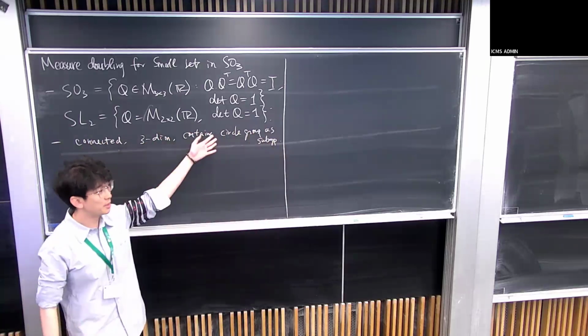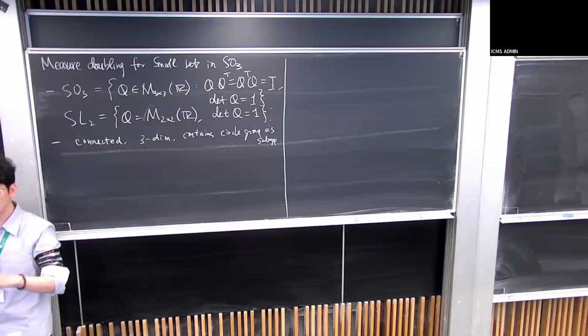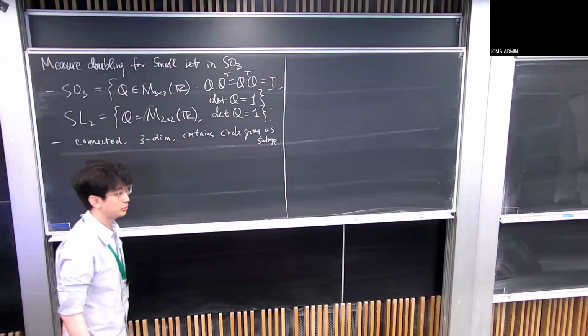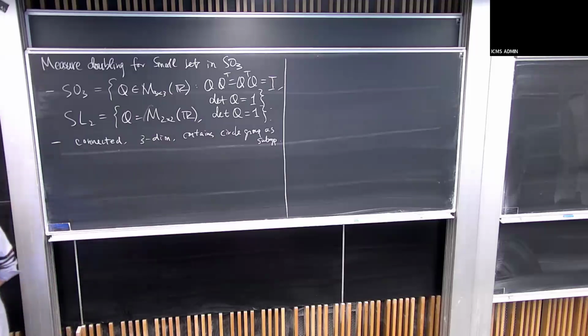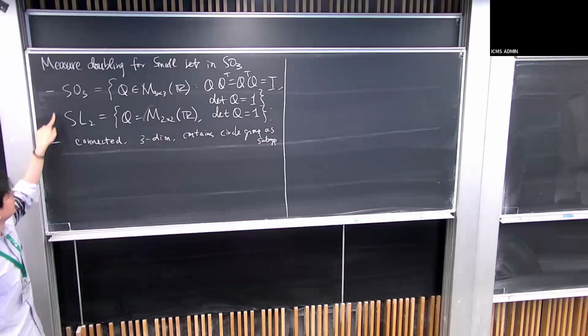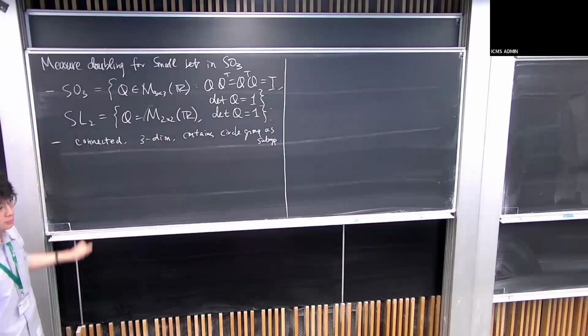Here circle group, I mean SO2, like the circle. Dimension 1. And both of them don't have dimension 2 closed subgroups. So all the reasonable subgroups have dimension 1. Okay. There's some difference. So SO3 is compact and SL2 is non-compact as a topological space.